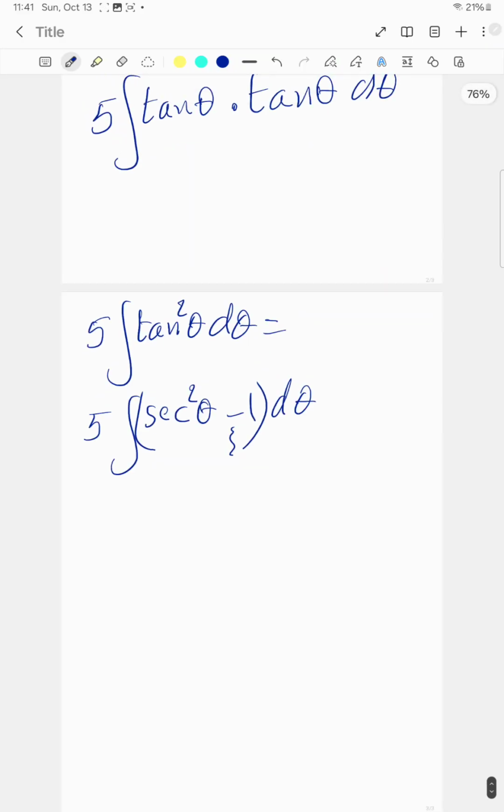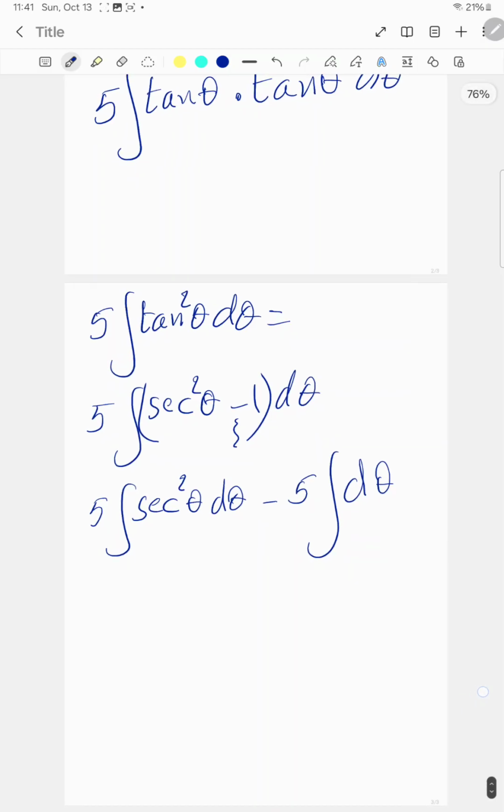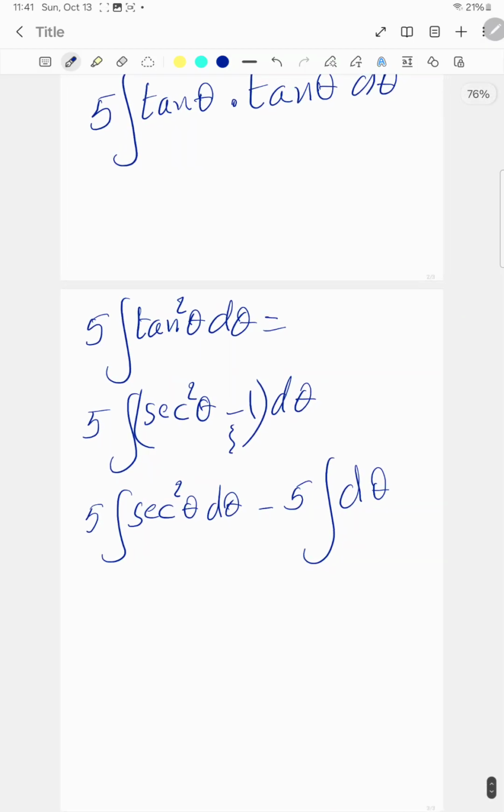So I would have 5 times the integral of sec squared of theta d theta minus 5 times the integral of d theta. And we know the integral of sec squared of theta is tan of theta. So I would have 5 tan of theta, I can factor out 5 here, and the integral of d theta is minus theta plus c.